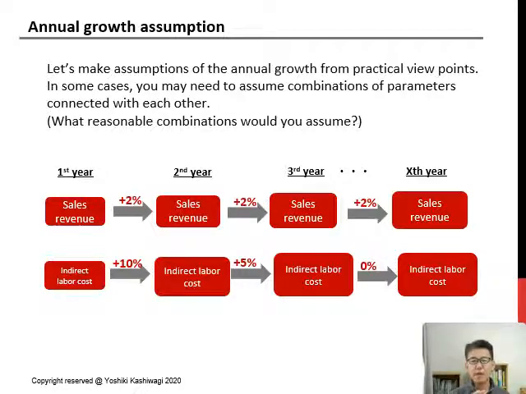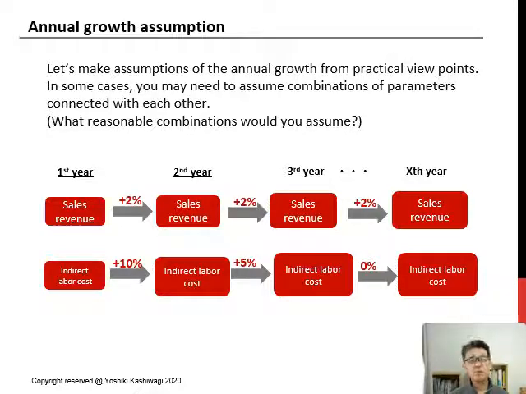So first, I will grow the labor force by 10%, but next year I just need plus 5%, and after that, I will keep flat because I will have enough labor force at year 3. So likewise, you can make your assumptions, but especially in the beginning, the initial stage, initial exercise, I suggest you should apply a very simple assumption, which means one single growth ratio for every year.